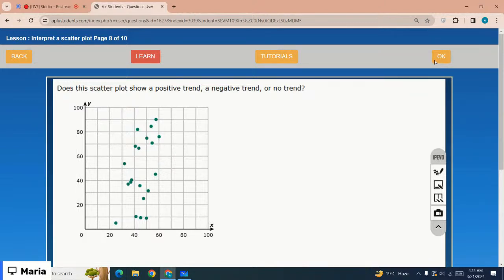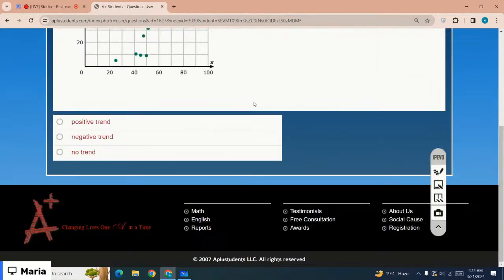The graph shows positive trend. The correct option is positive trend, right?